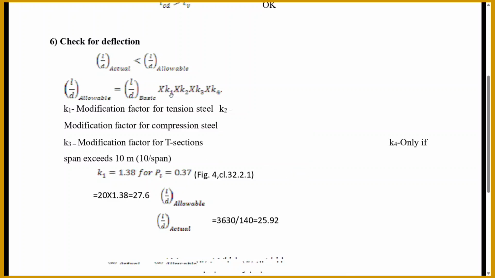These are all factors. K1 is the modification factor for the tension steel, K2 is the modification factor for the compression steel, K3 is the modification factor for the T section, span exceeded 10 meter, or 10 by span.